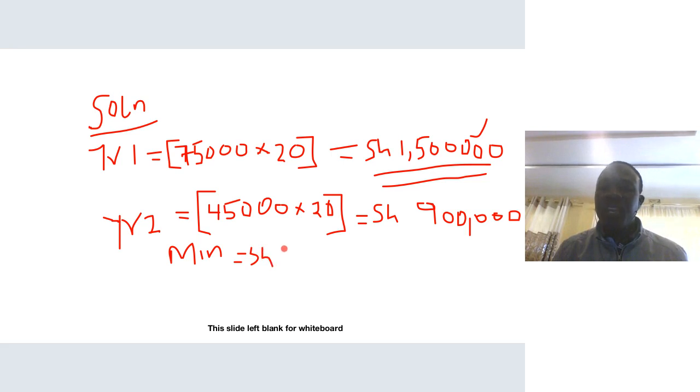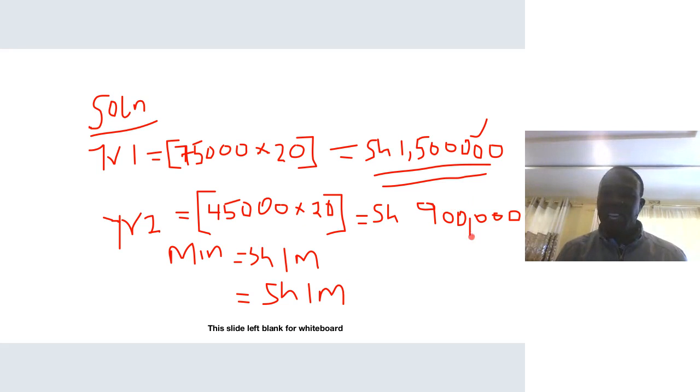So the payment should not go below the 1 million shillings. Now that there is the 900,000 there, the payment that we will make in year two will be 1 million and not the 900,000 shillings.